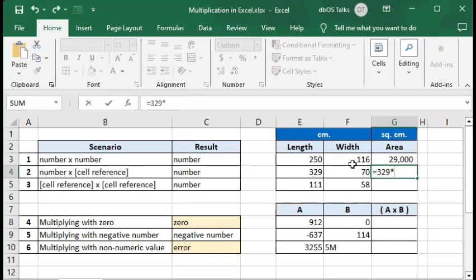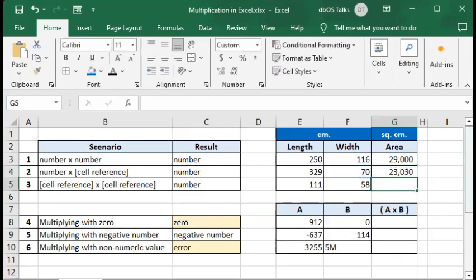What I mean is you will click your mouse on this cell, which I want to use as my second factor in this multiplication. It automatically grabs the cell address of that cell, which is F4, and places it in the cell. And then when I enter, it shows the result of the operation.